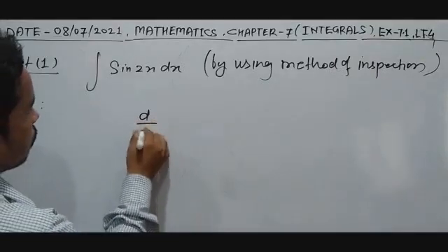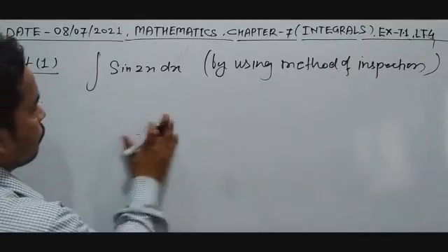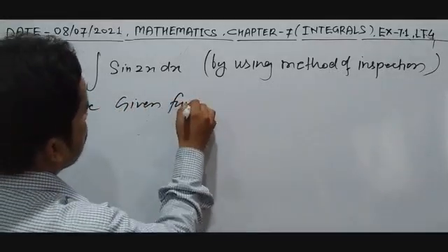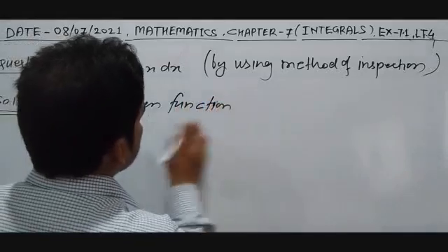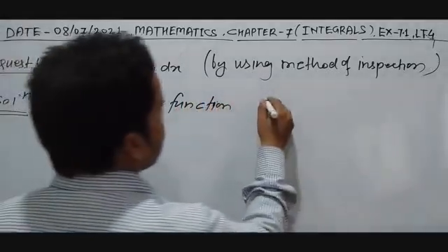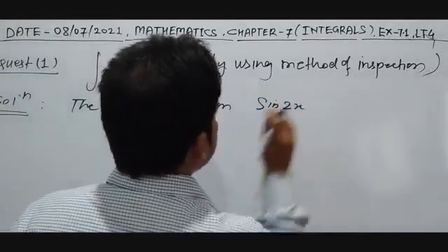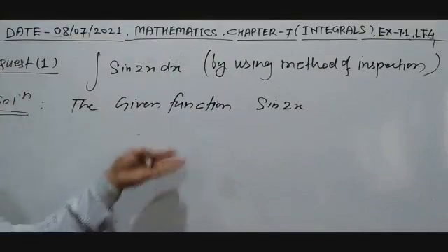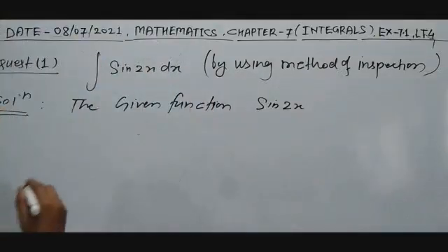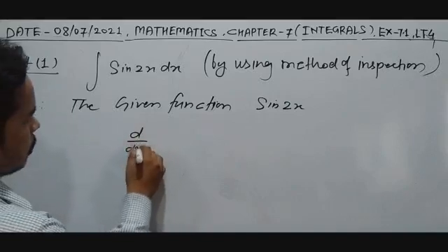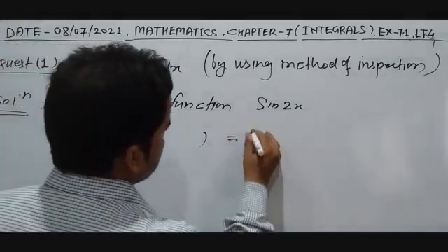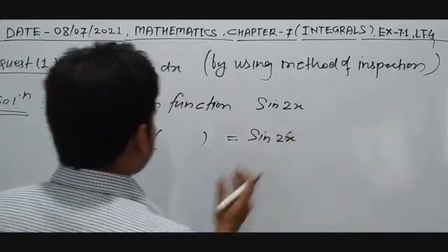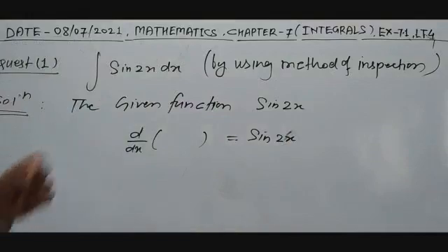d by dx of the given function, sine 2x. We have to find the function whose derivative is sine 2x. Suppose d by dx of some function gives the result sine 2x. So which function has derivative sine 2x?